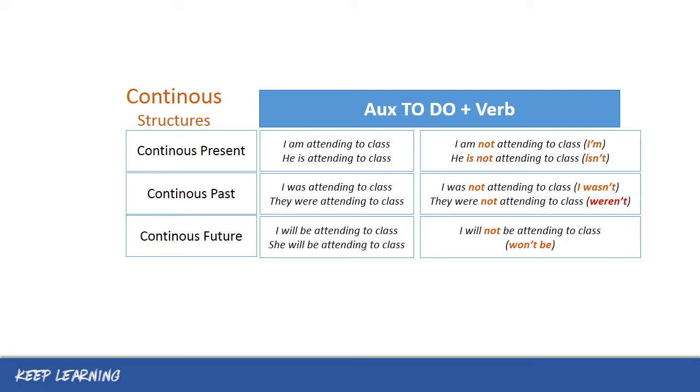In the continuous future, what you say is I will be attending to class, or she will be attending to class, and the negative form for everybody is I will not be attending to class, or I won't be attending to class. That's the way you work continuous structures. I hope you remember the rules, right, and all the aspects involved.